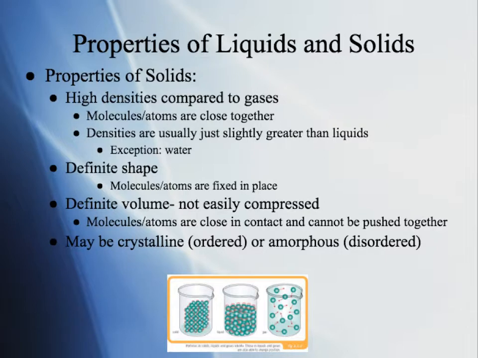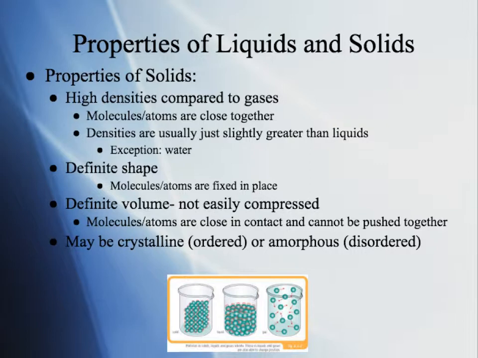Now, solids, unlike liquids, will have a definite shape, and that's because those molecules and atoms are fixed in place. So they can't move around, so the shape it is, is the shape it is. They're not able to assume the shape of their container. Likewise, they also have definite volume.